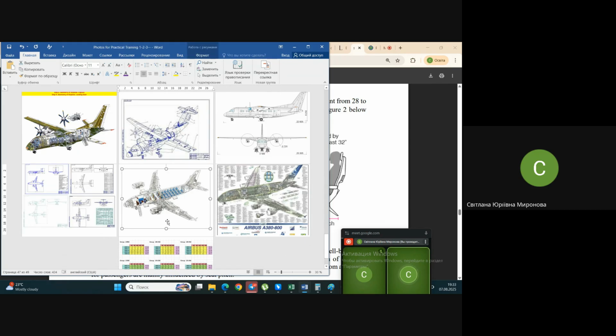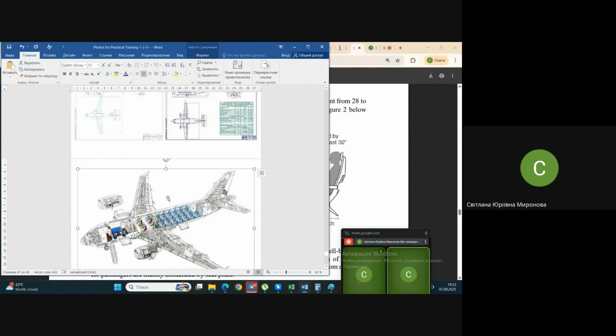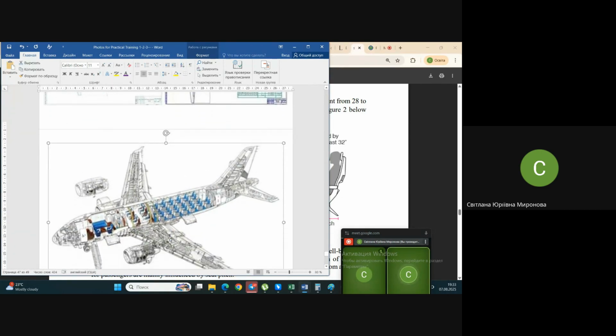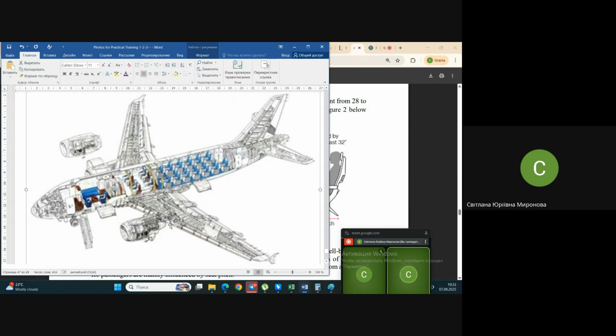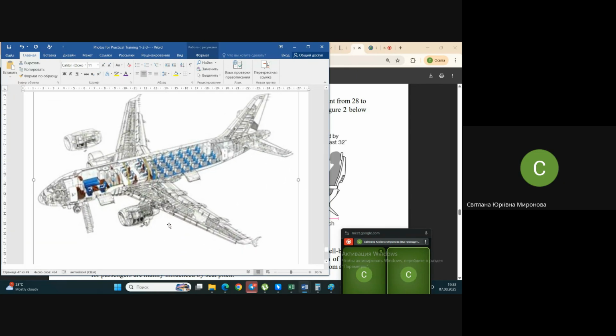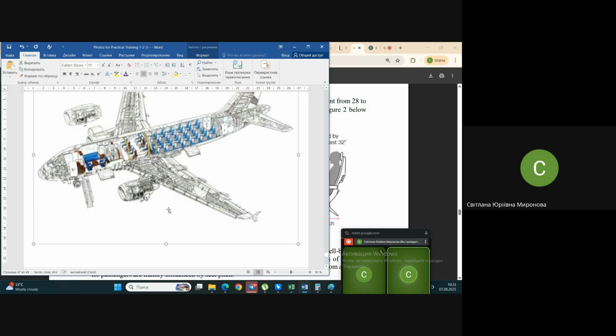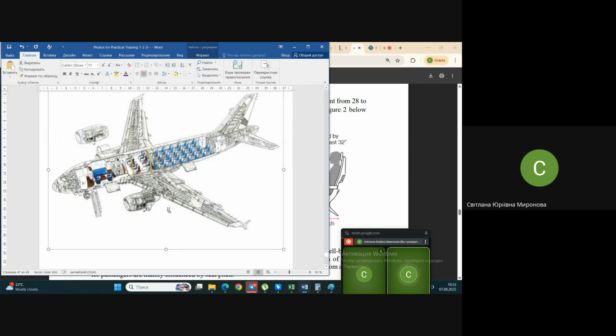But pay attention now: engines under the wing. It's a low wing and engines under the wing. And now imagine what it will result in. Fan engine, fan jet, bypass engine, turbofan.